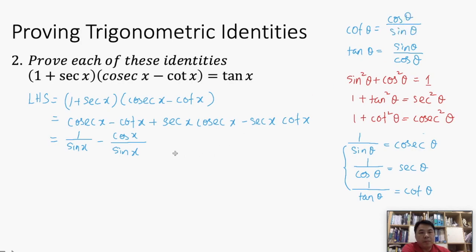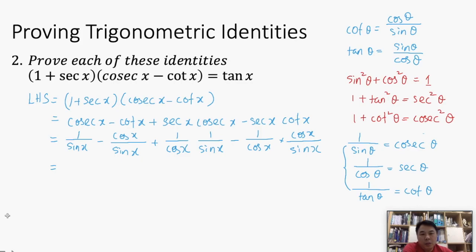And then secant x is 1 over cos, cosecant is 1 over sine, and cotangent is cos x over sine x. Okay, this is what we have at this point of time.